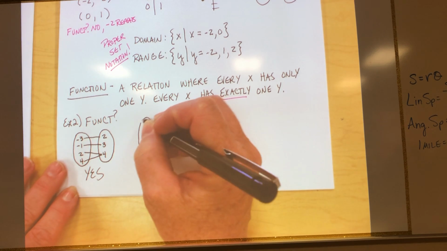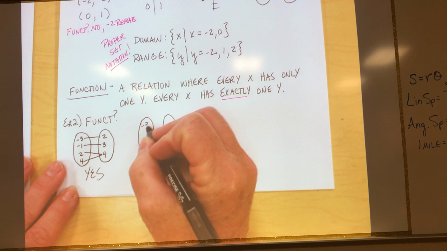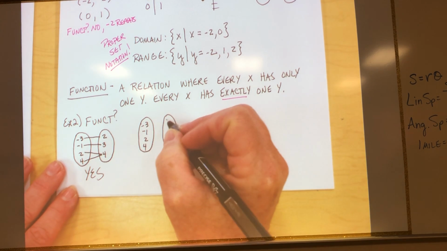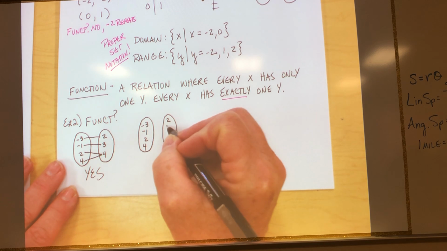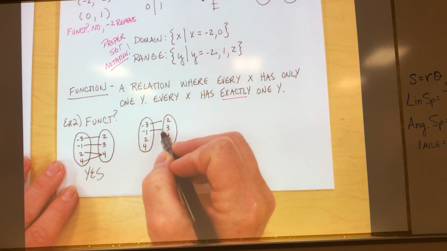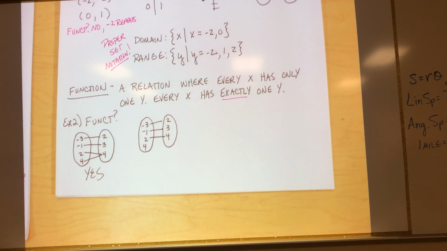Are you ready? My input is -3, -1, 2, and 4. My output is 2, 3, and 4. And it's mapped like this. Don't say the answer out loud. Nobody likes that.